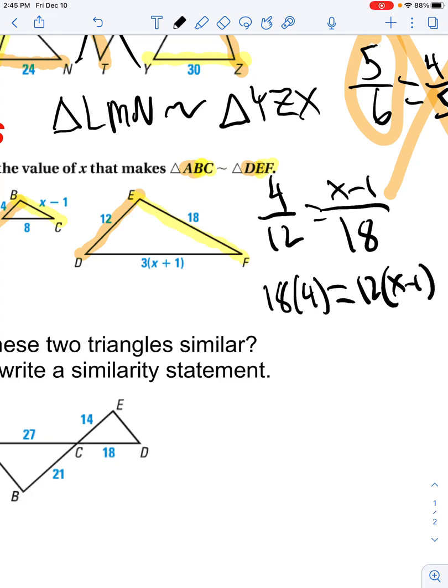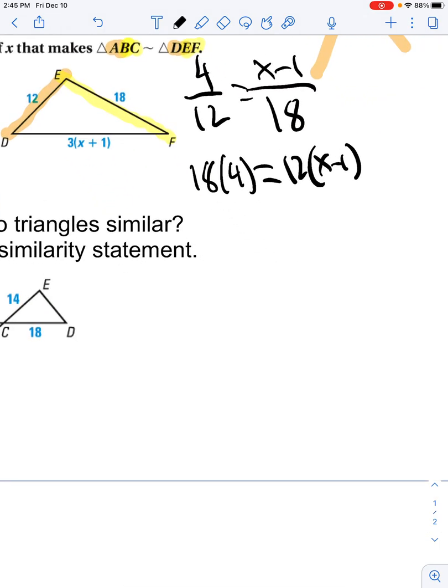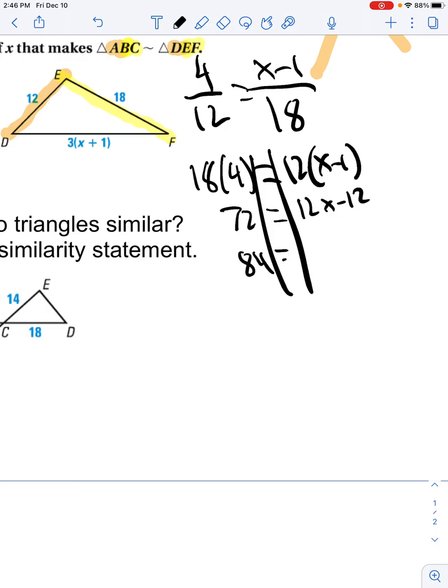I'm going to cross multiply. Don't forget to use parentheses because you will have to distribute. 18 times 4 is 72, equals 12x minus 12. Add 12 on both sides: 84 equals 12x.